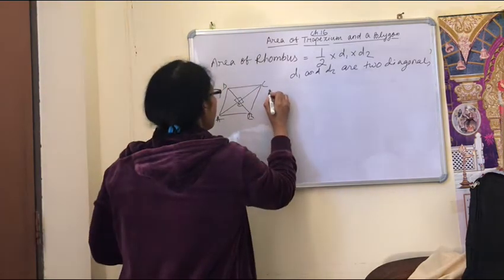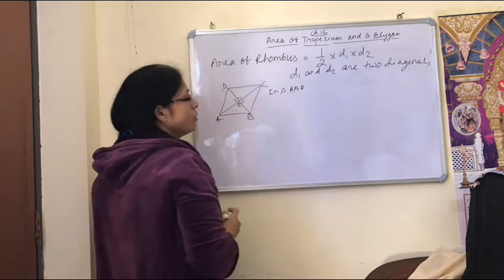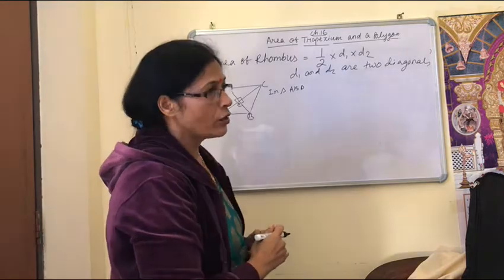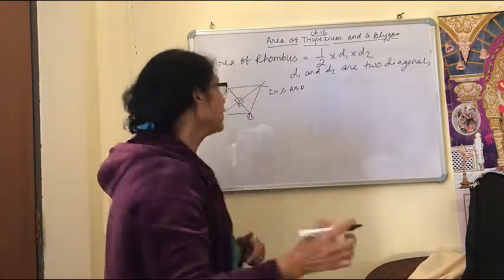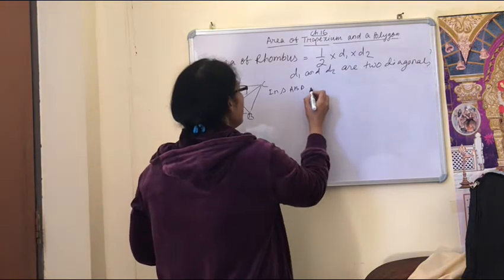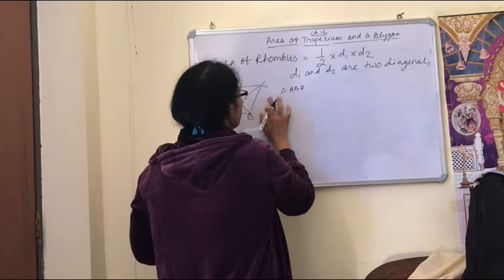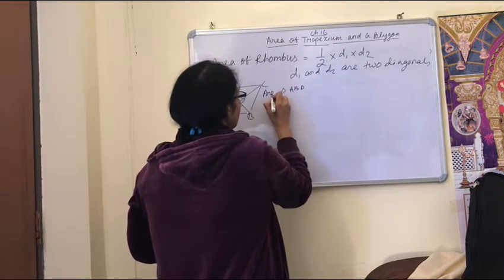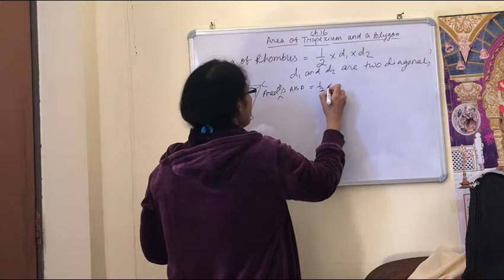So in triangle ABD, you know the area of triangle is your half into base into height. So area of triangle ABD is your half into your base.